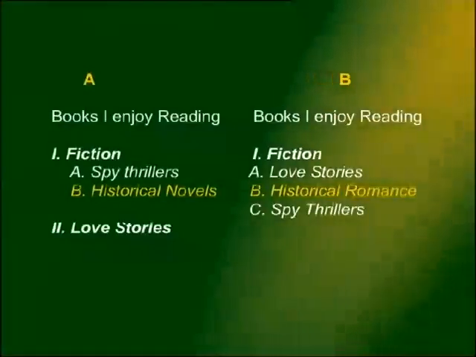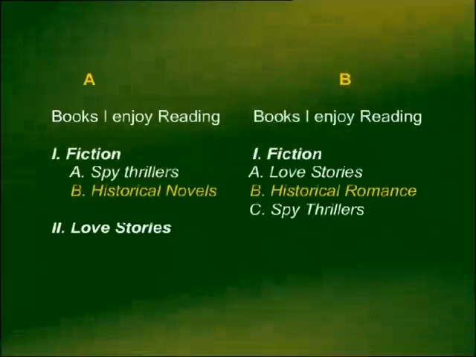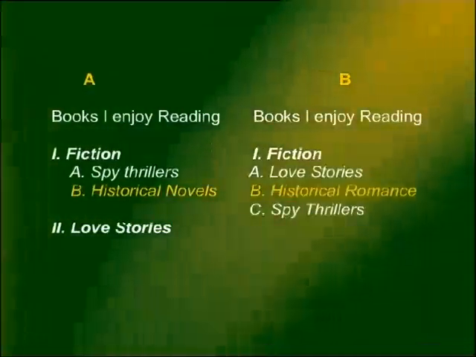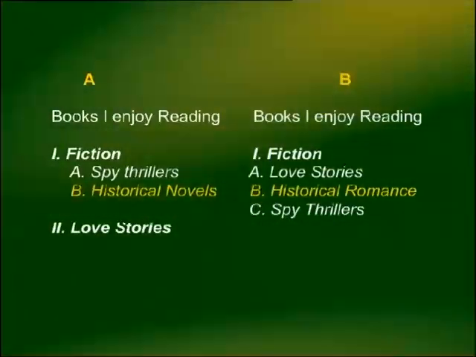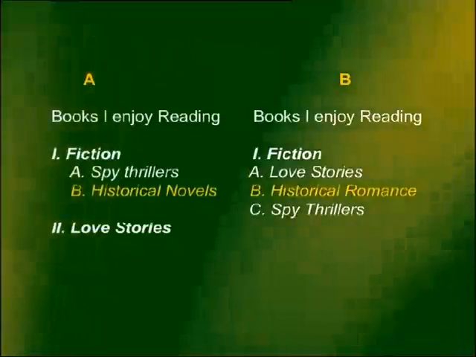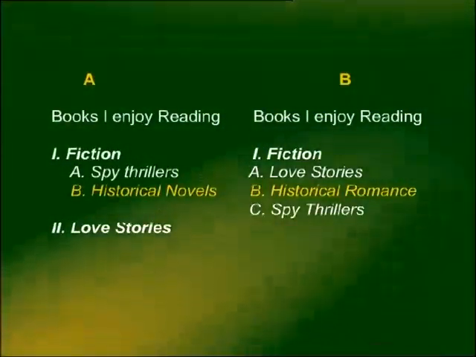You notice the difference between the two lists. The topic is books I enjoy reading. You've got list A and you've got list B. Look at the way the books are listed under A. Notice number 1, fiction, spy thrillers, historical novels.